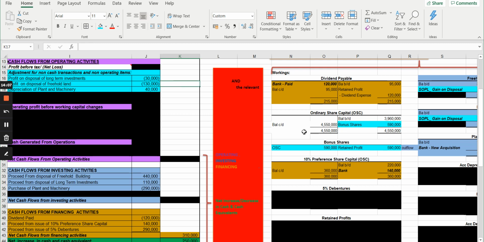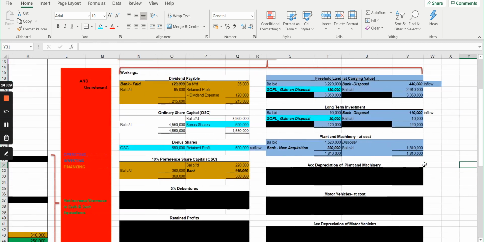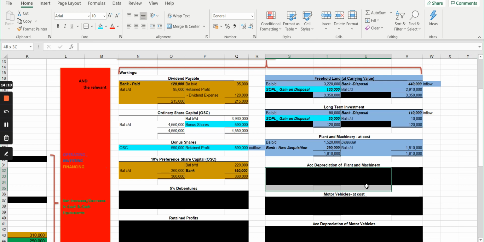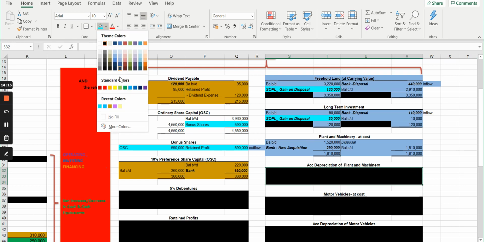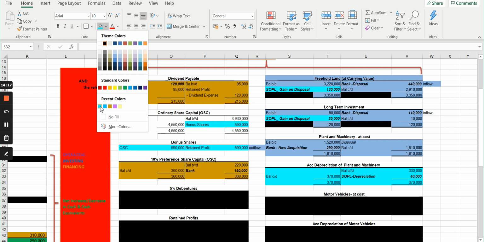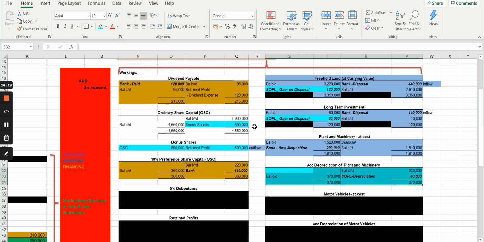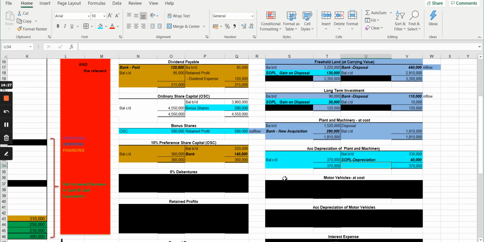Next. So if you want to see the effect in the T account, I will just show you the effect here of the T account for the depreciation. And these are all in this color, turquoise, to show you these are all nothing to do with cash flow movement. It is just an item related to the non-cash transaction.